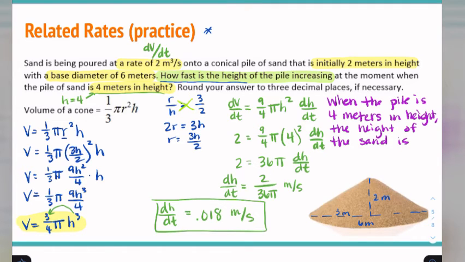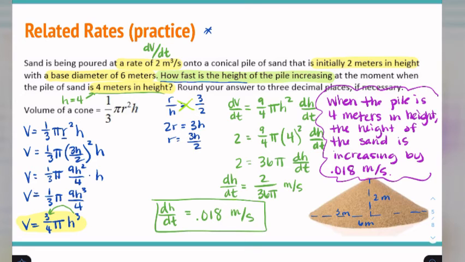Actually, I guess we should say is increasing by 0.018 meters per second. Okay, just to practice writing those sentences.